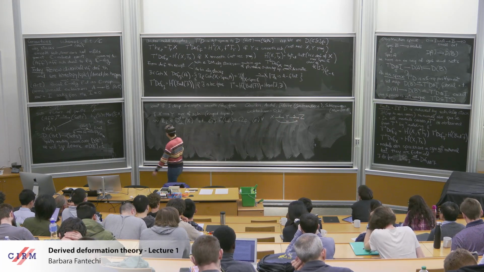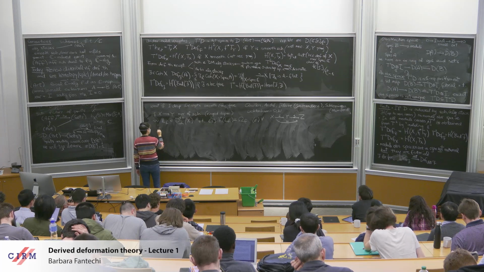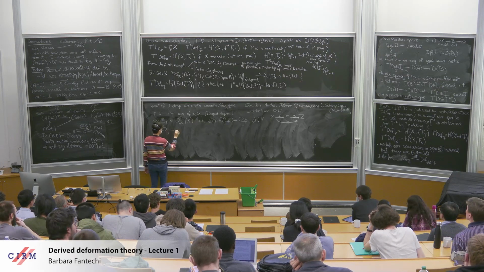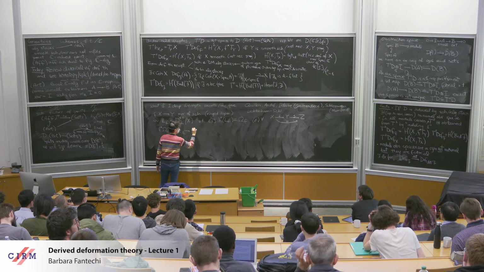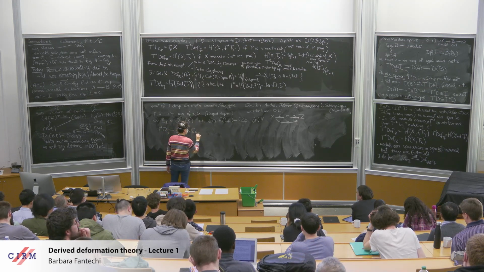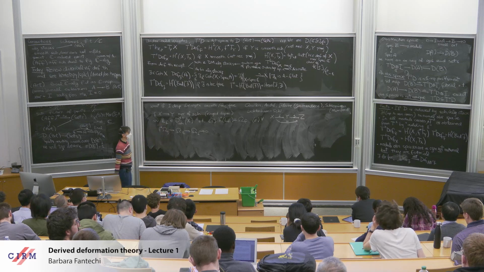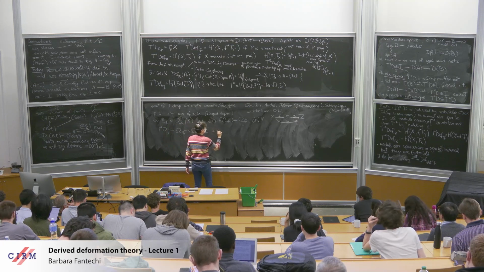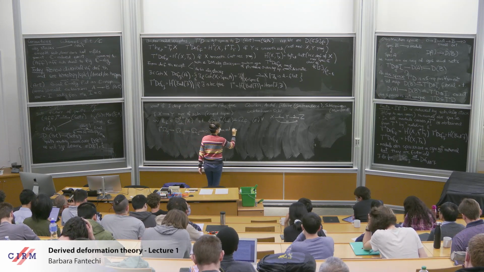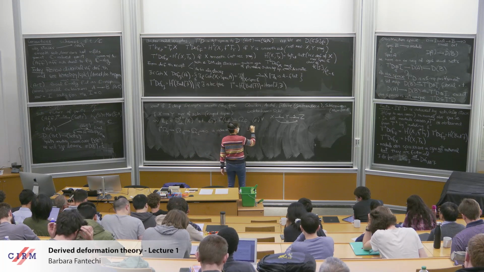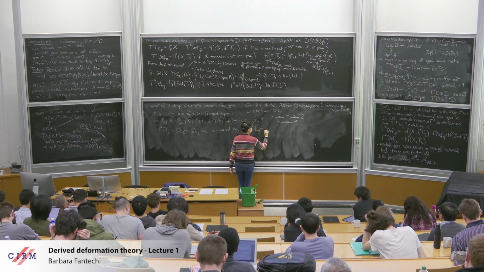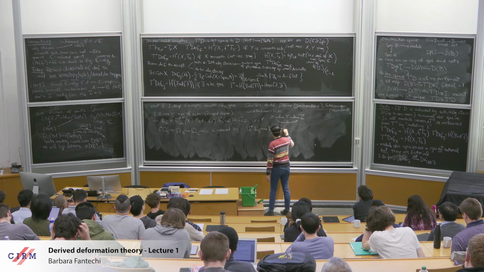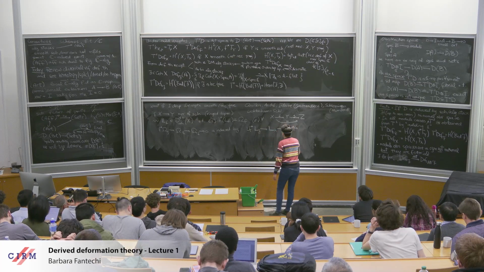we get, well, many of us know, that we have such an exact sequence. This is an exact sequence of coherent sheaves on X, and this is induced by a distinguished triangle plus 1.